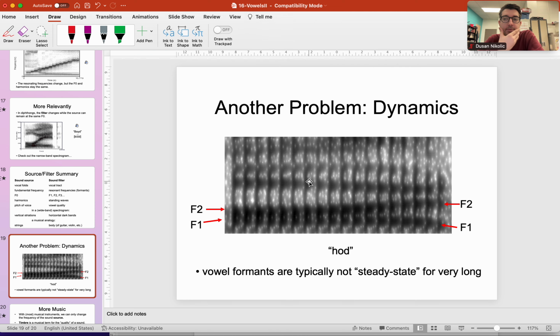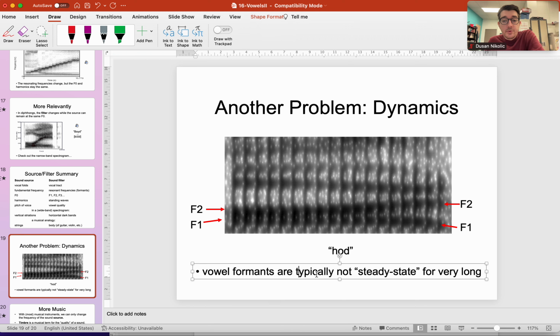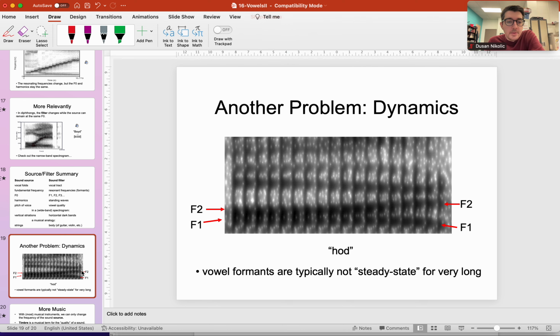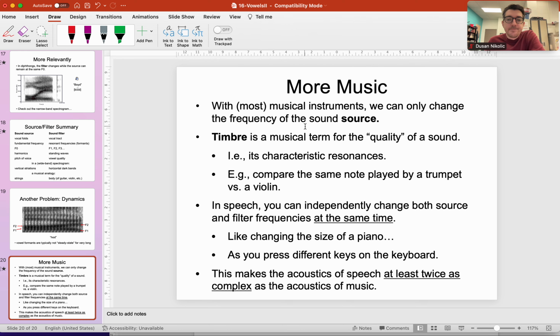And as I said, a big problem is dynamics. For example, even for this one, hod, the vowel changes throughout the time. It cannot be all the way consistent, so vowel formants are typically not steady state for a very long time. So you have to pay attention to where F1 and F2 are at these points. And with musical instruments, we can only change the frequency of the sound source.